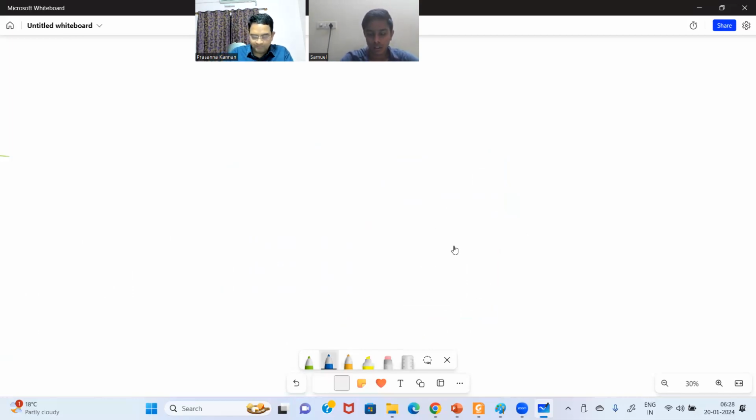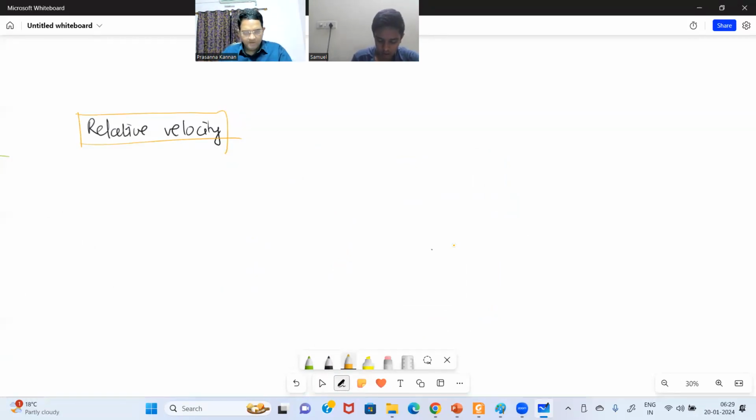Then relative velocity. What is the relative velocity? Let's say two objects A and B are traveling in opposite directions with velocities v1 and v2.